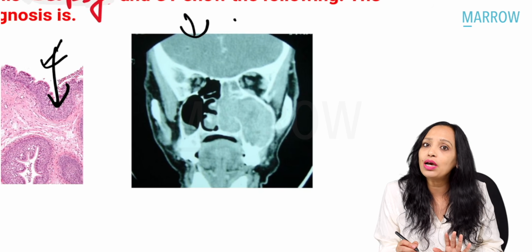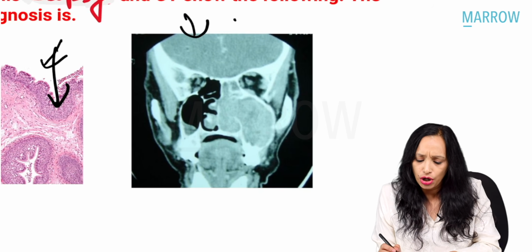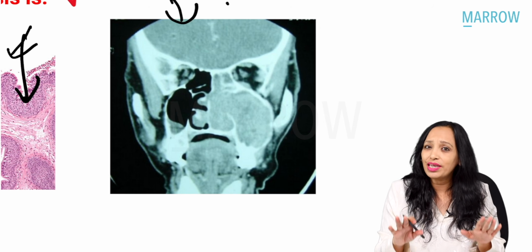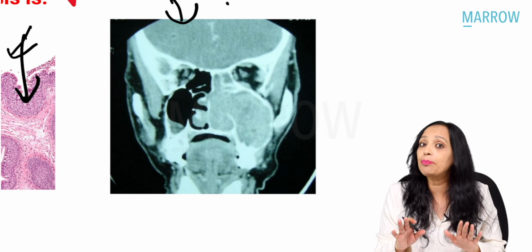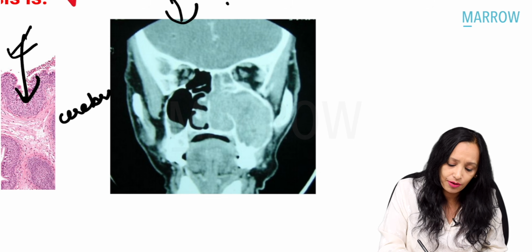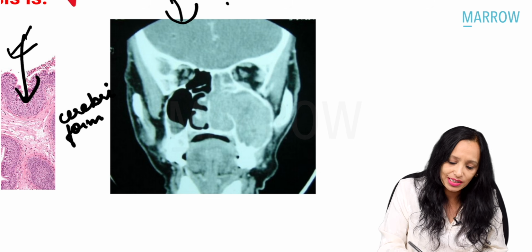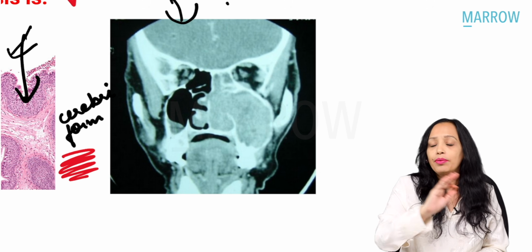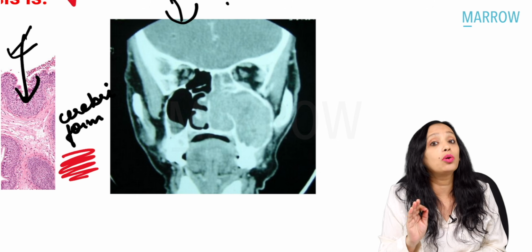And what you see on the CT, see carefully, is an appearance which is not homogeneous. Inverted papilloma typically has a cerebriform appearance, which means that there are alternating lines of high signal intensity and low signal intensity.